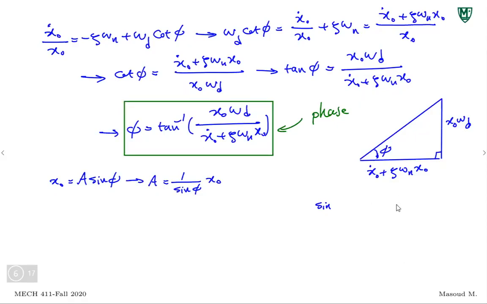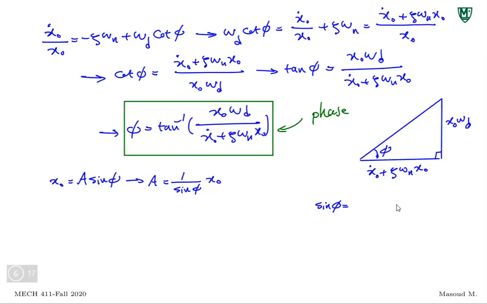Okay, sorry about that. So sine phi, it's just a little delayed. Sine phi would be, well, whatever we have. What is sine phi here? Can someone tell me that? Well, I know two sides and I know phi.